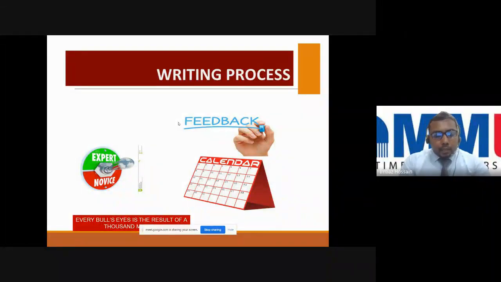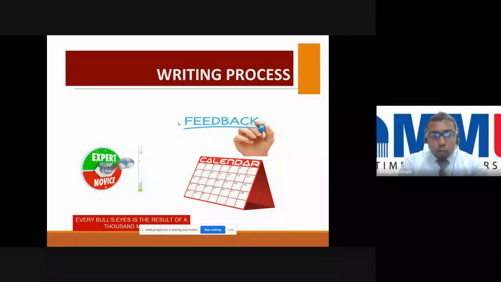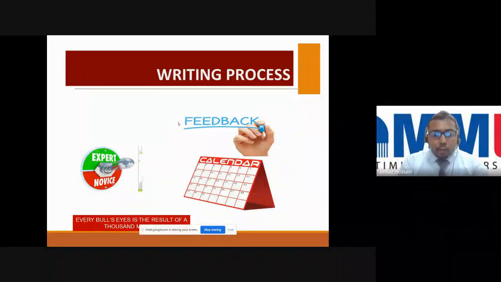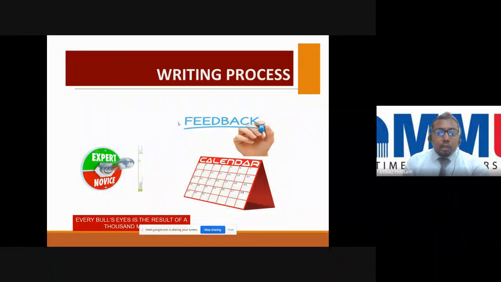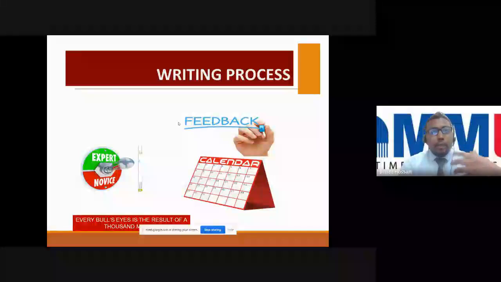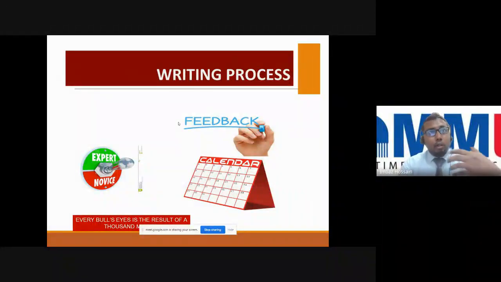Every researcher, every person, was a novice at one time, but it requires time to become a pro researcher. Every bullseye is the result of 1,000 miles. We see the polished researcher nowadays, but before coming to this stage, he spent a lot of time, made a lot of mistakes, did a lot of corrections, threw away papers after papers to get the final masterpieces.